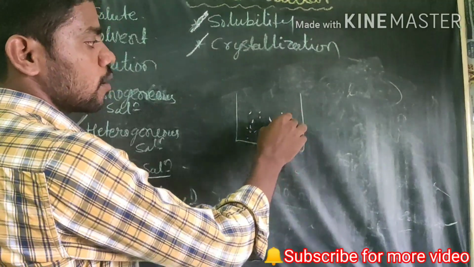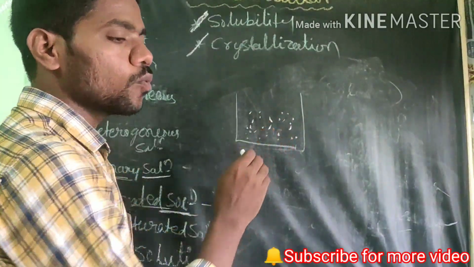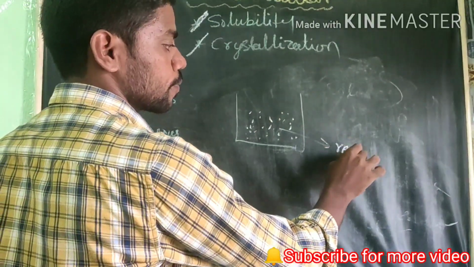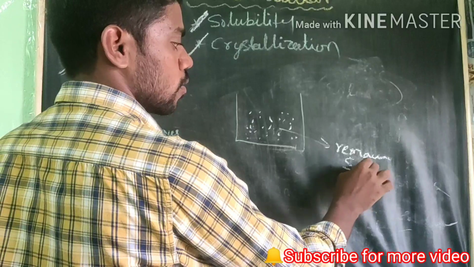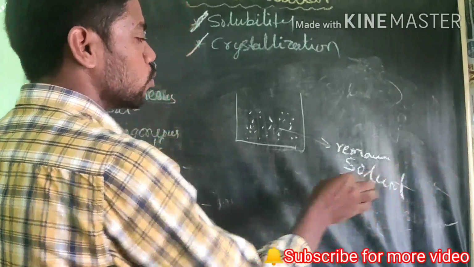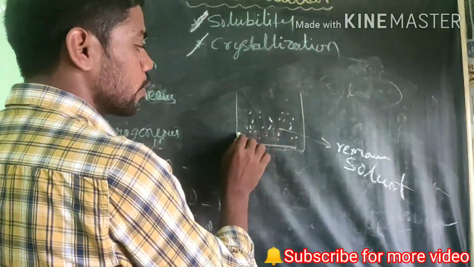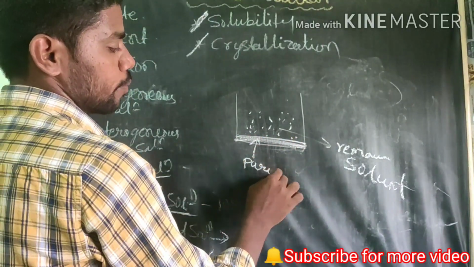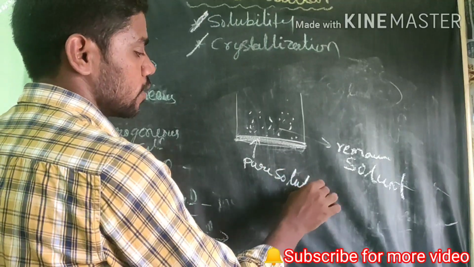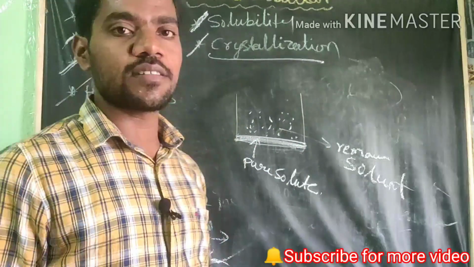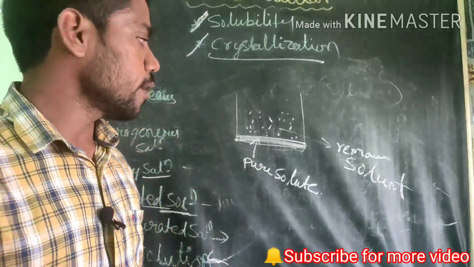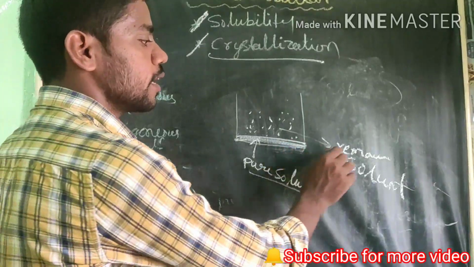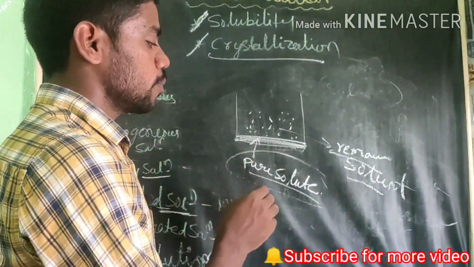In this solution, we have to remove the solvent. If we remove the solvent, we get pure solute. Therefore, crystallization is one of the purification methods of chemistry: the removing of solvent to get the pure solute.